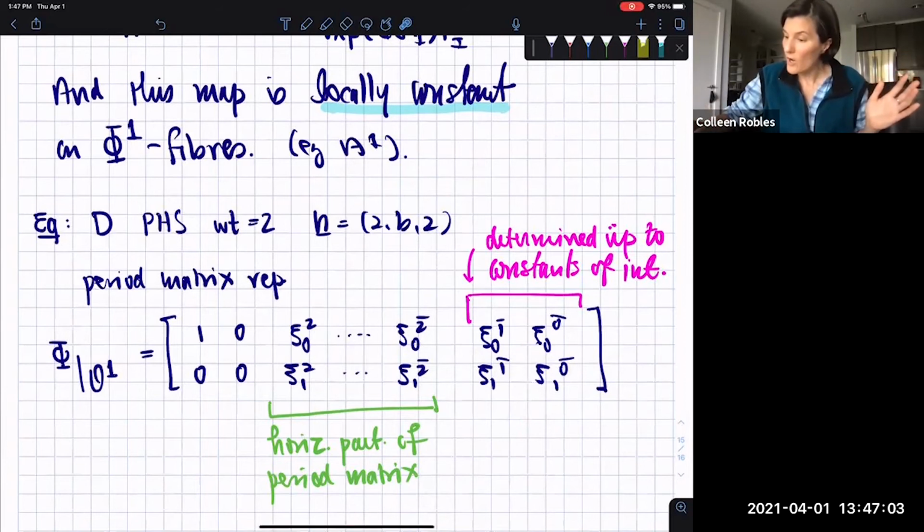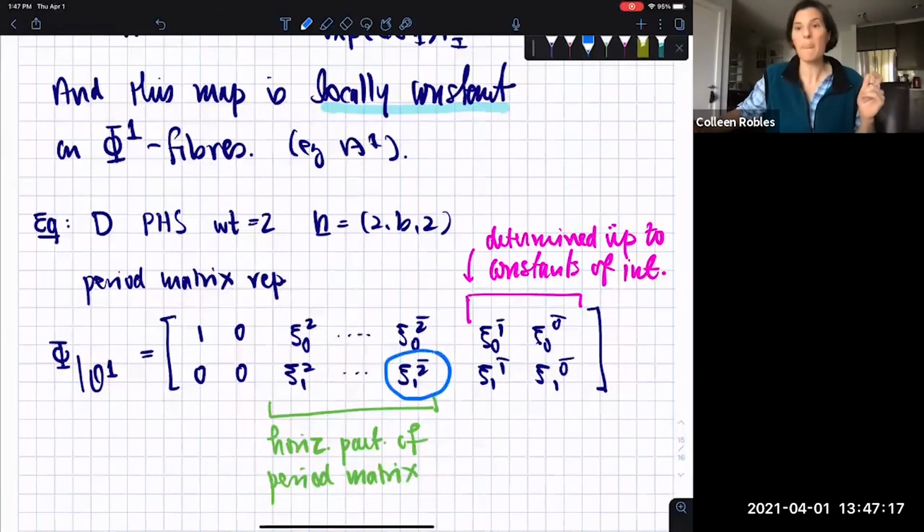And then the only matrix entry in the horizontal part that the monodromy acts on is this component. Okay.